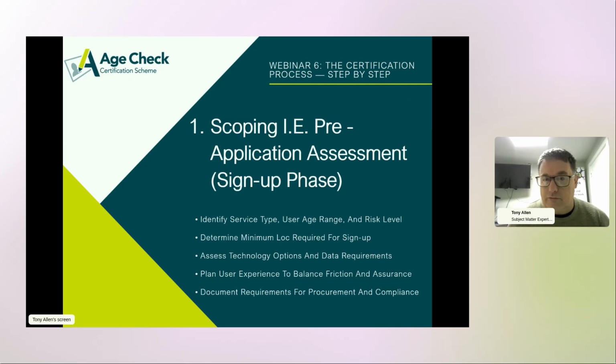So the first really important thing for certification is to scope the system. Scoping is done in a pre-application phase, between our team, OBI in particular, and the client, to explore exactly what type of service you are and what you're providing.